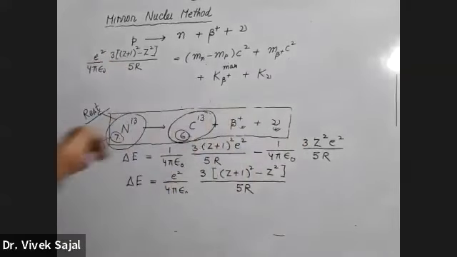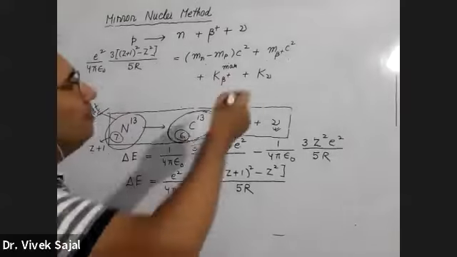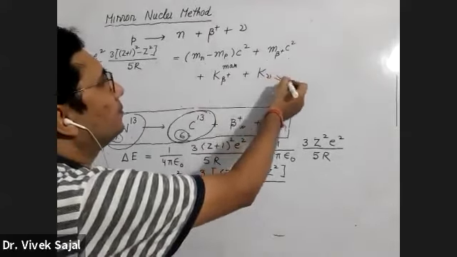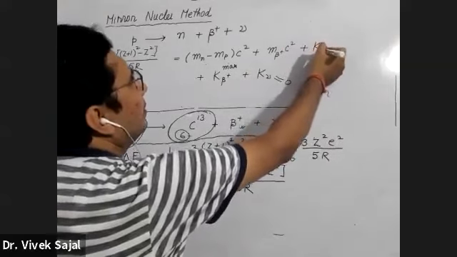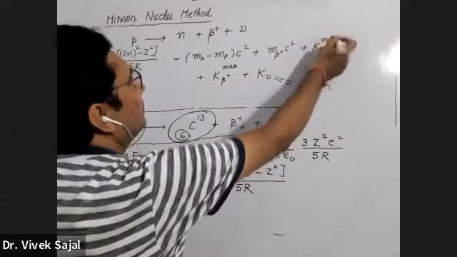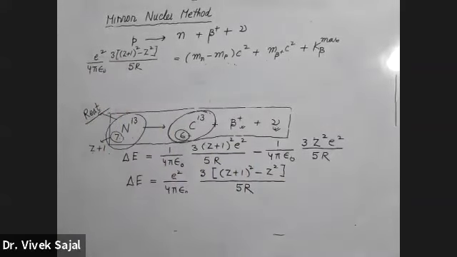When you measure the maximum kinetic energy of the beta particle, you will write K beta plus maximum, and this will become 0. Your reaction will become K beta maximum, and the rest you can remove. Now this will be your final equation.